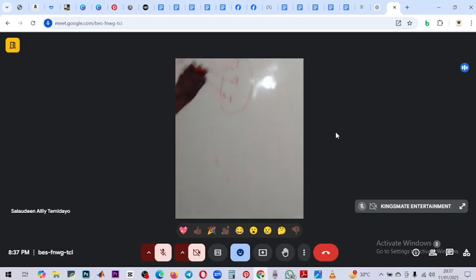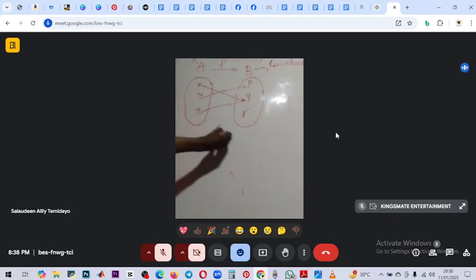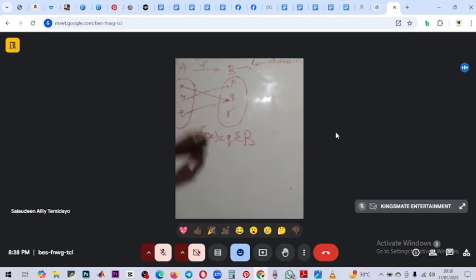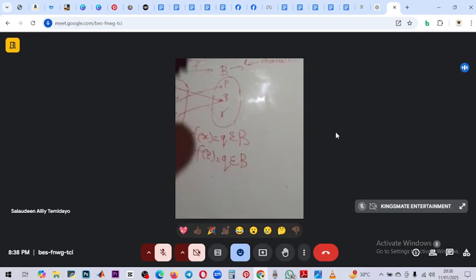You can have two domain elements for one image. You can have like x to q and z to q. This is possible. But you can't have it otherwise. F of x equals q, which is an element of B, and f of z also equals q, which is an element of B.